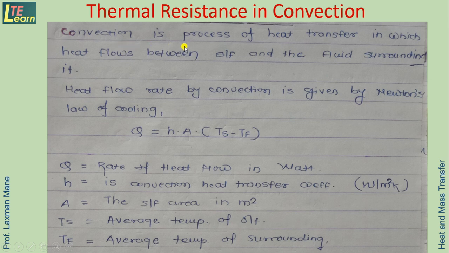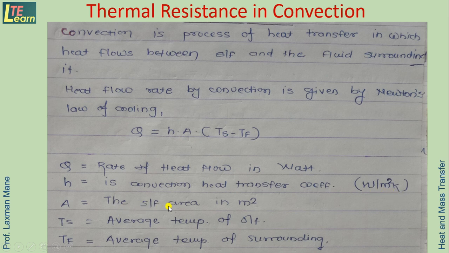Now this is thermal resistance in convection. We know that convection is a process of heat transfer in which heat flows between a surface and the fluid surrounding it. So heat flow rate by convection is given by Newton's law of cooling, that is Q, the heat transfer rate, is equal to h into A into bracket Ts minus Tf, where Q is the rate of heat flow in watt, h is the convection heat transfer coefficient, its unit is watt per meter square Kelvin.